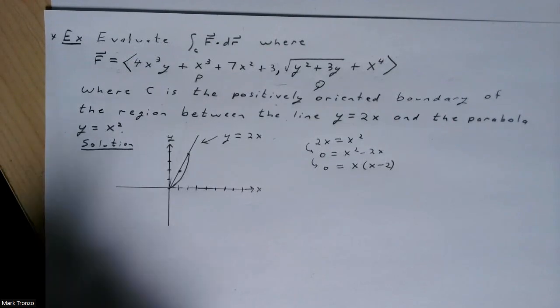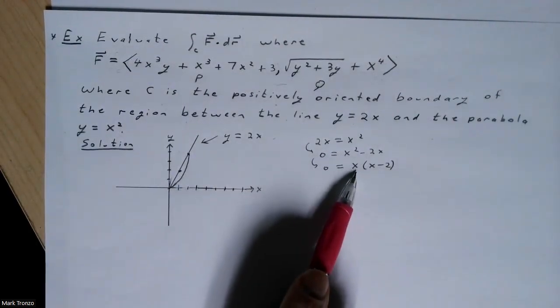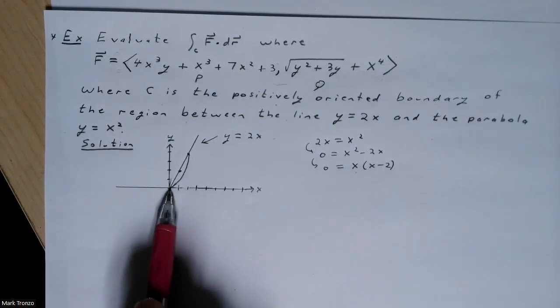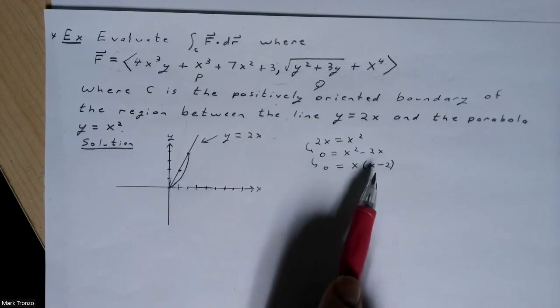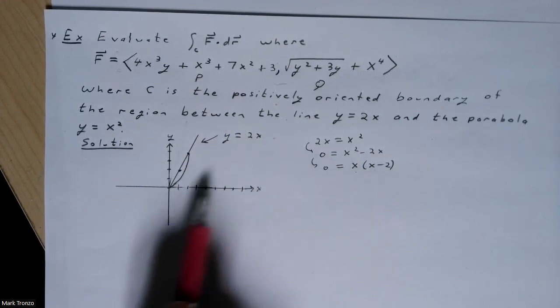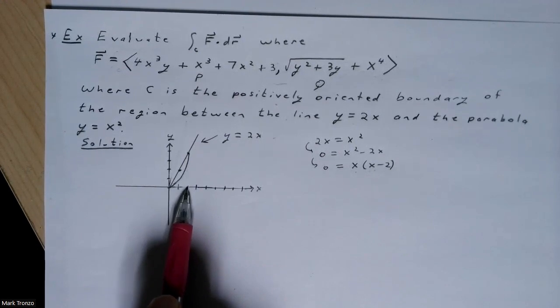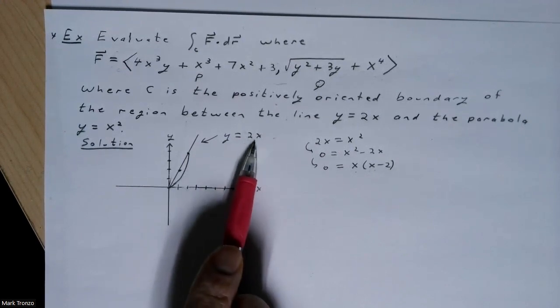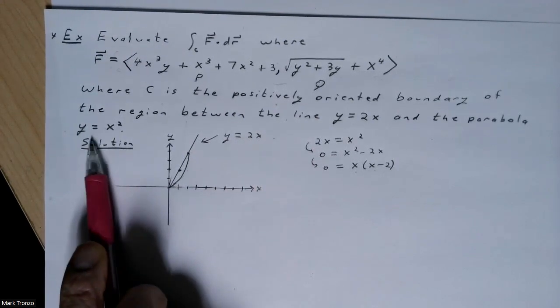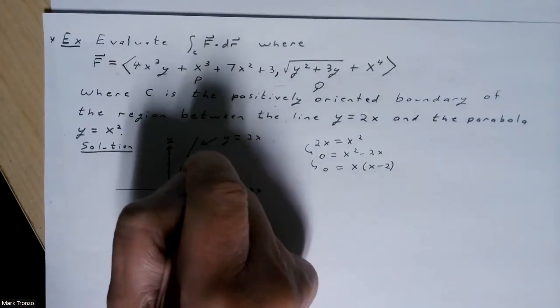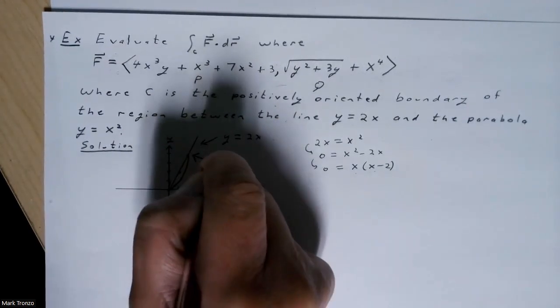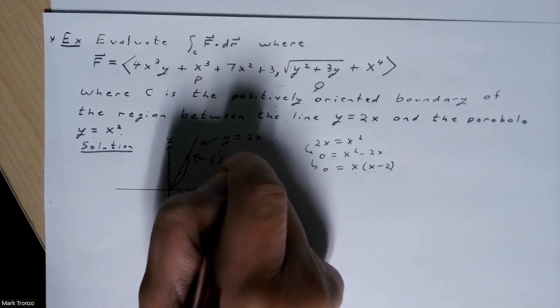Notice the things that make this 0 are x equals 0, which is obviously the starting point, and then x equals 2 will make this 0. And so at x equals 2, y will be 4. You can find that from either equation. X is 2, y is 4. So they're going to intersect at this point right here, (2, 4).